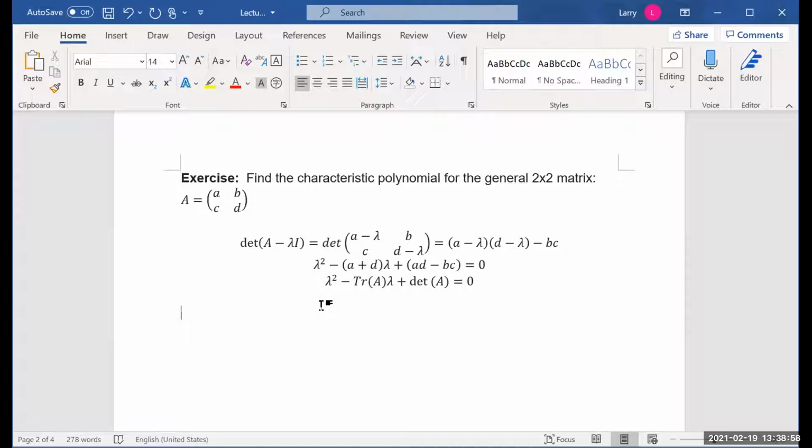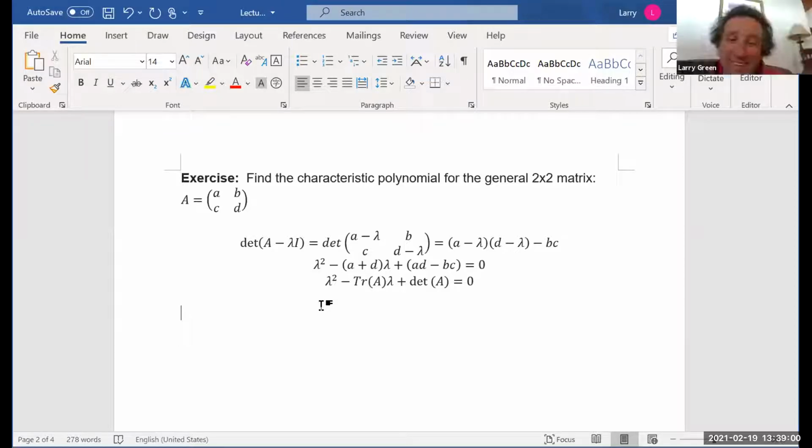It depends on what you call a solution. If you're looking for real solutions, it'll have a real solution whenever the trace squared minus 4 times the determinant is non-negative. That's just the discriminant, the quadratic formula discriminant.